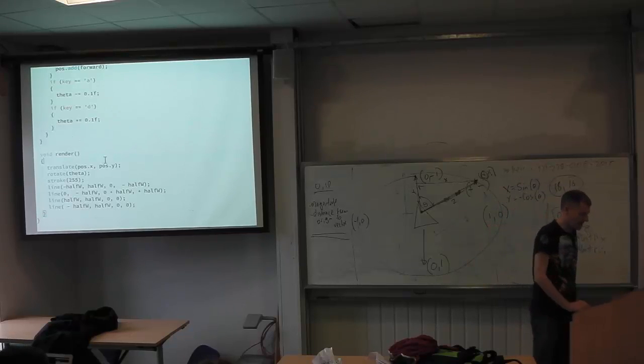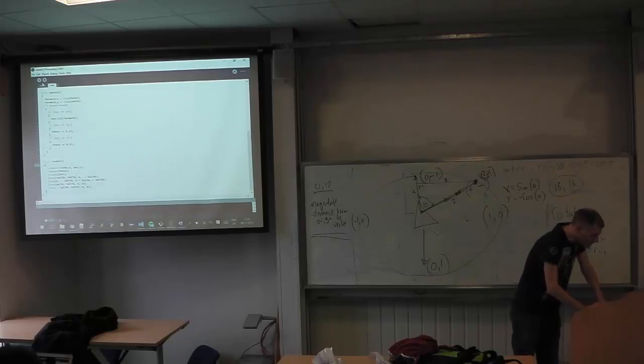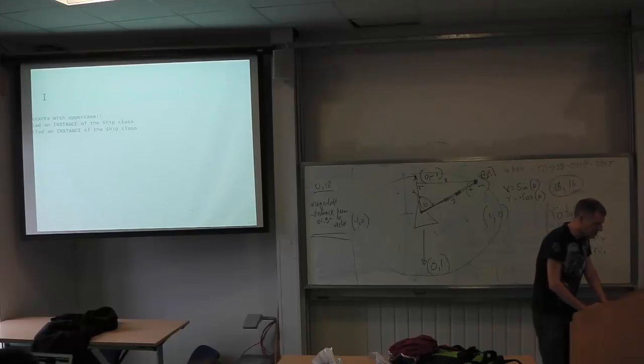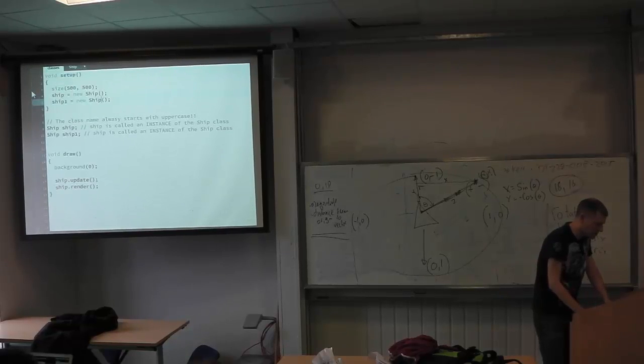There's one last thing I would like to show you. Let's say I come over to here and I create a second ship. This time I'm going to call the parameterized constructor for the ship. I'm going to give it the position over 400 and down 400.